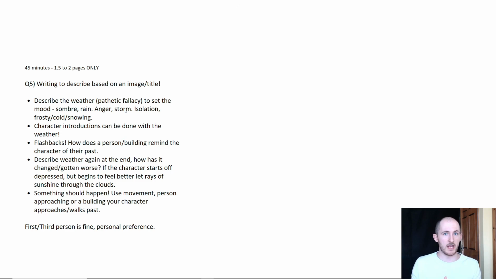So if you can do that as well, at least somewhat competently, it's a really good sign for your English language. So again, maybe show the weather changing, okay? And make sure it reflects the character's moods, okay? Because that's kind of the point. So anytime you introduce a character, you can introduce them using the weather to illustrate how they might be feeling.